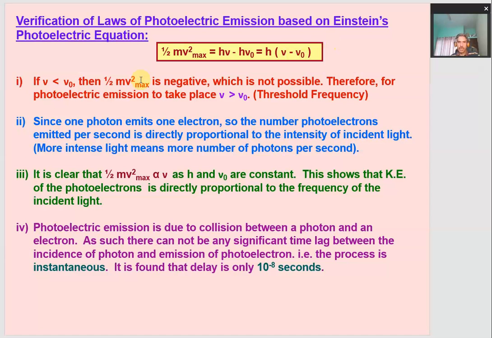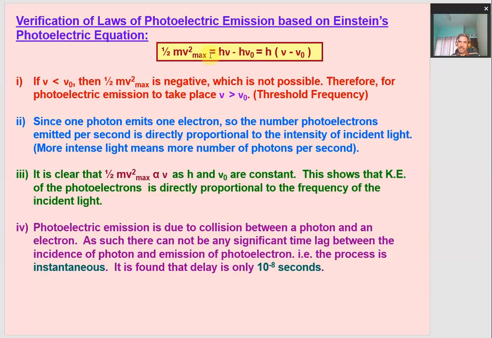In the first point, it can be seen that if nu, the frequency of the incident photon, is less than the threshold frequency, then the value of this kinetic energy will be negative. If nu is less and nu naught is more, then simply the energy of the incident radiation is less than the energy required to carry out the photoelectric emission.